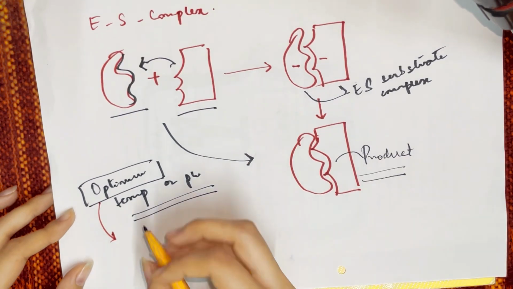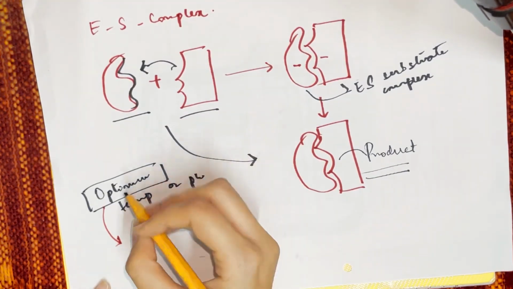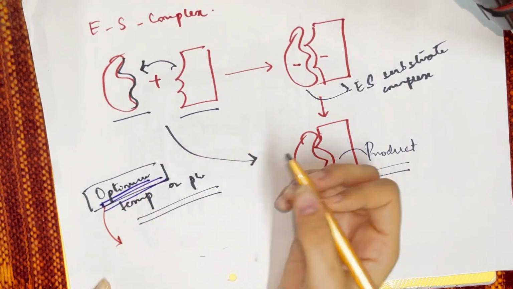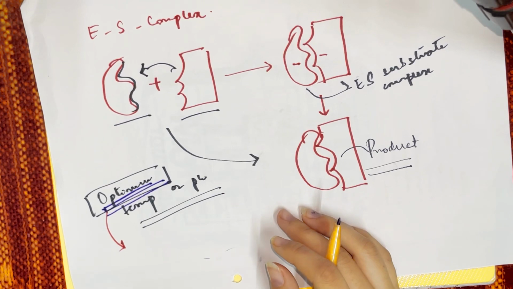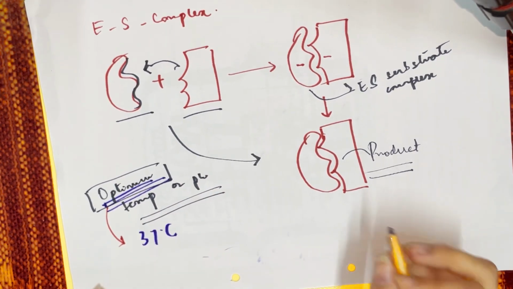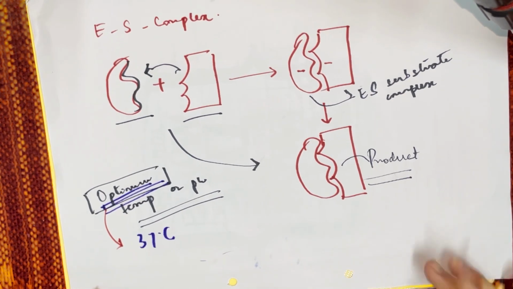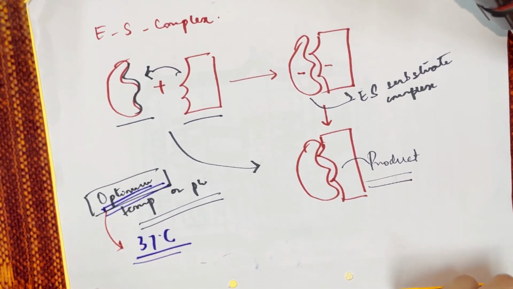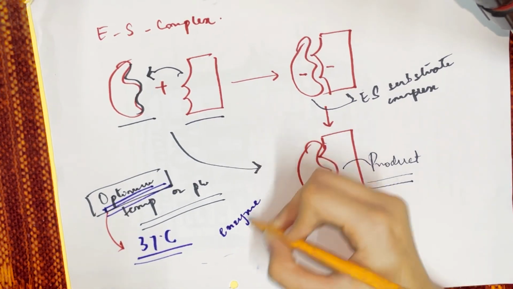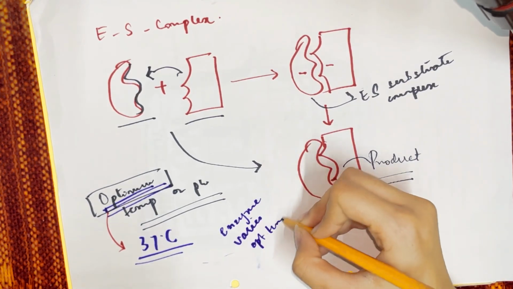The term optimum means anything that works best at a certain temperature, pressure or pH. For the human body, for example, we say the optimum temperature is 37 degrees centigrade. That means the best amount of work is done when the temperature is provided at 37 degrees centigrade.